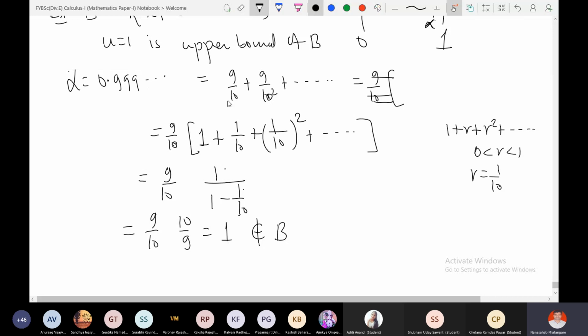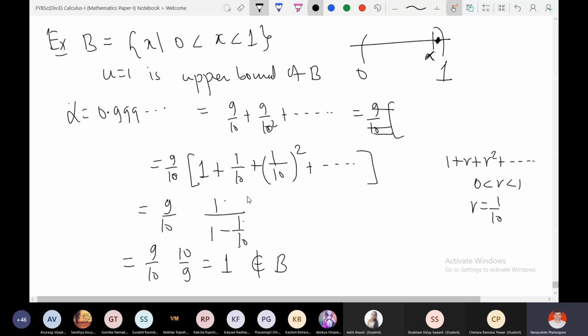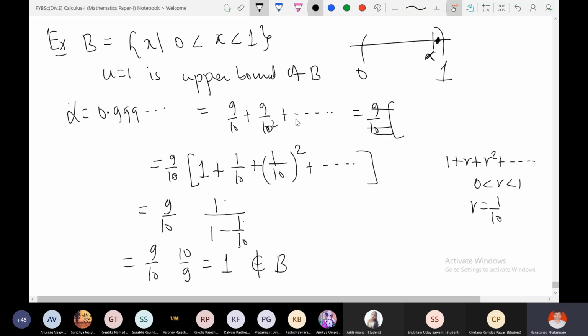So that is what convergence of sequences and series, that we'll discuss in the next topic. And therefore this number is not less than 1, it is actually 1 if you are saying recurring. Suppose this alpha is less than 1, what will happen? 1 minus alpha is positive.